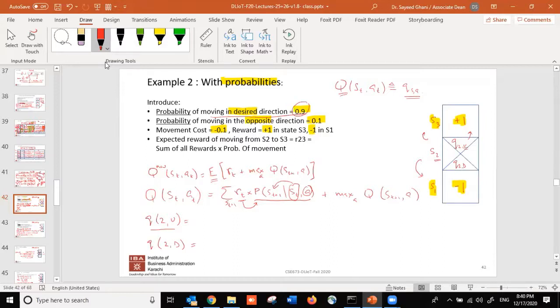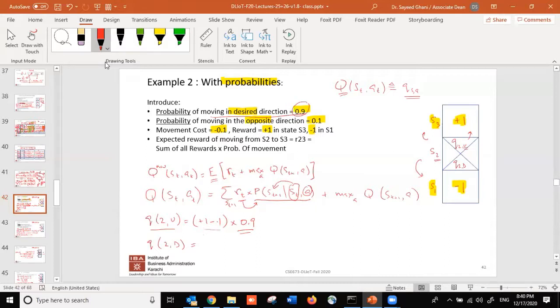All right, so let me help with the first part. So let's say you go in the upward direction, that's a 90% probability, 0.9, that you start in state 2 and you take action upwards and you get to state 1, 90% probability. And the reward that you get is what? You get a reward of +1 minus 0.1, plus a movement cost as well.